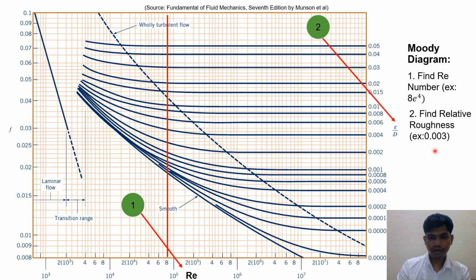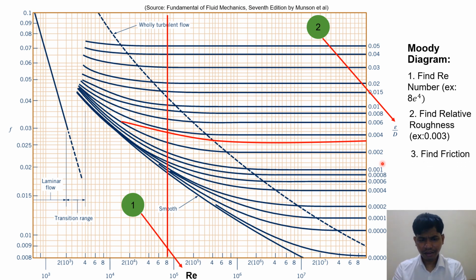Then, like the Reynolds number, we put this relative roughness on this side and draw the line. Actually, it should be similar to 0.004 or 0.002, which is the line nearest to this relative roughness.